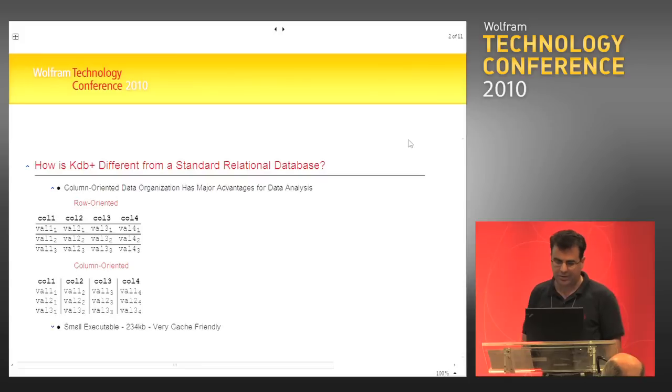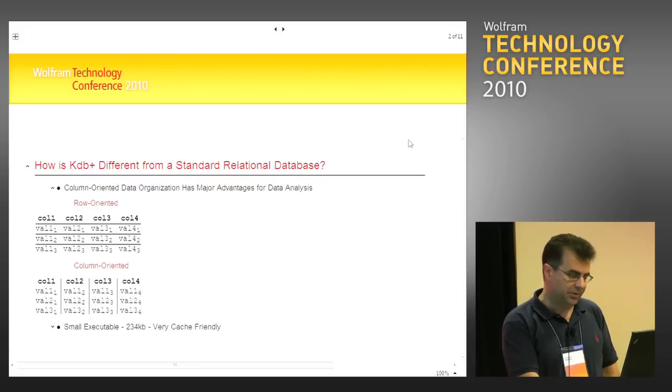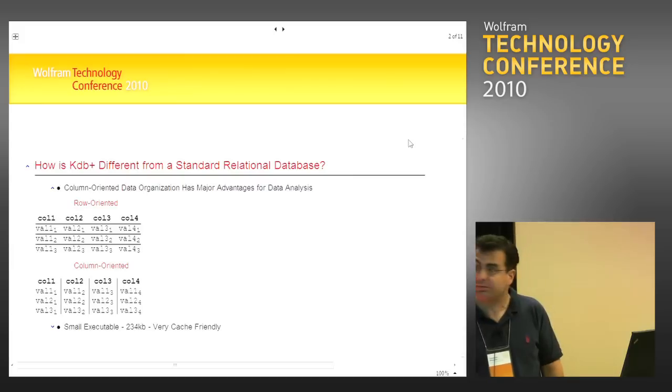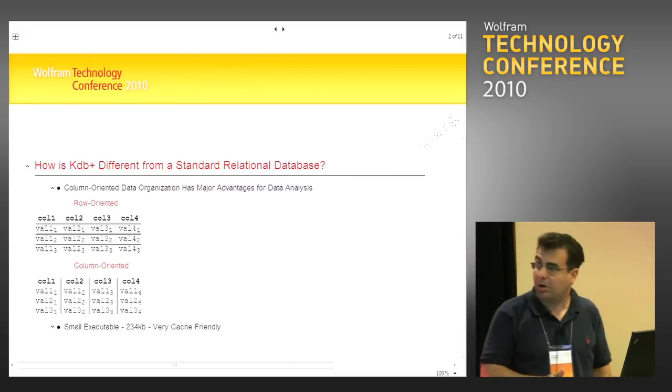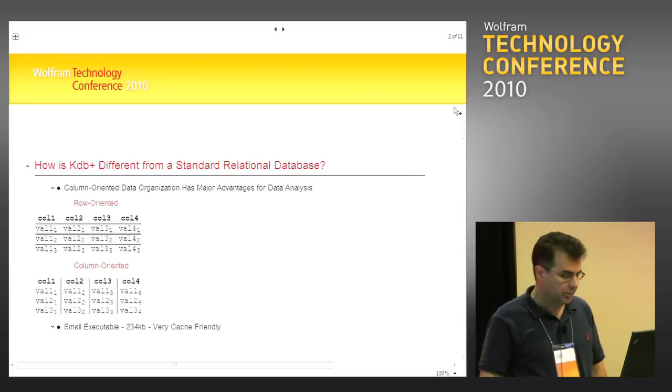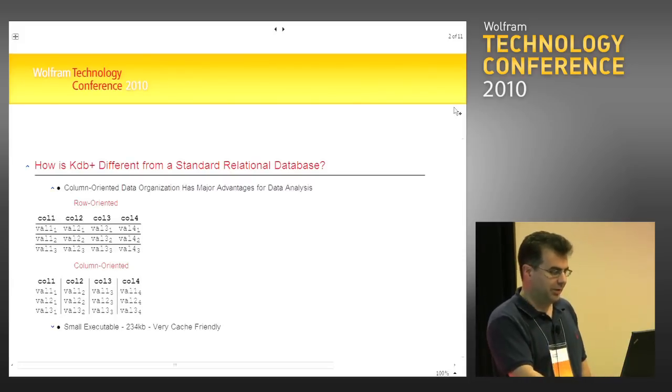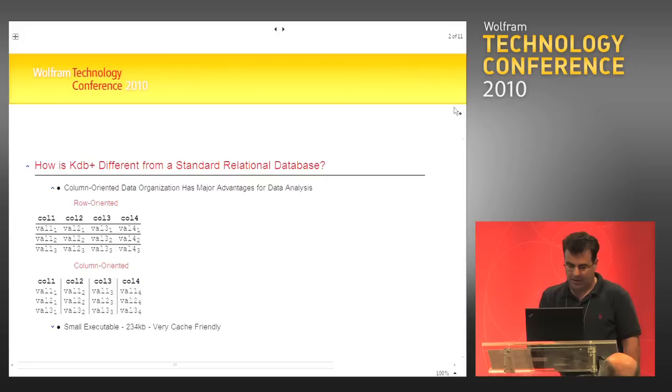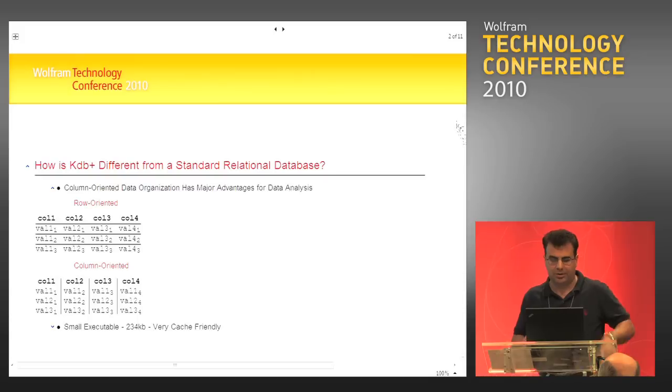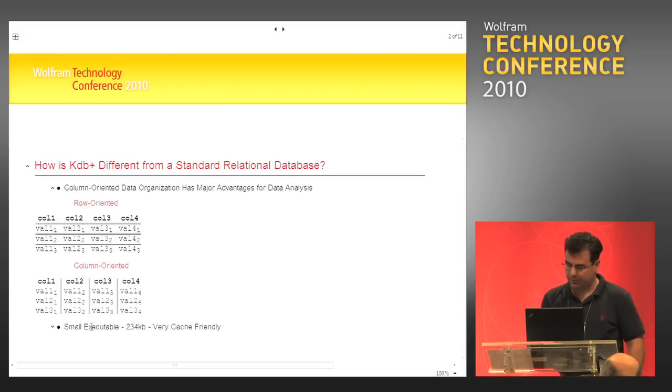There are various optimizations that databases do, but KDB is fundamentally a column-oriented database, so the values are stored in memory as column vectors. And you can imagine if you're doing analysis as opposed to transaction processing, that has a major advantage because if I'm only interested in certain columns, I don't actually have to pull all that data.